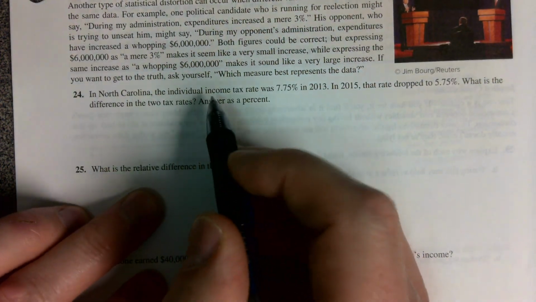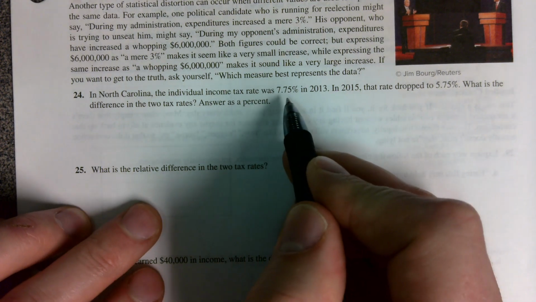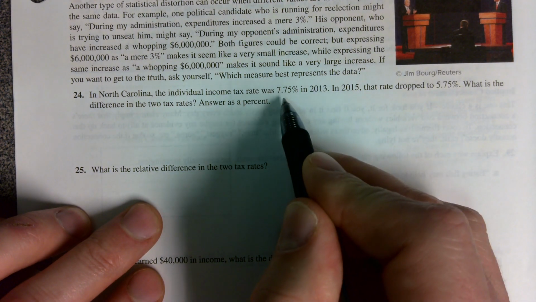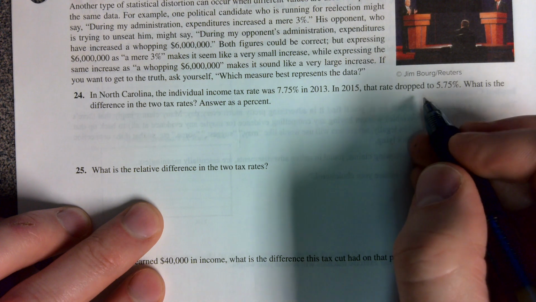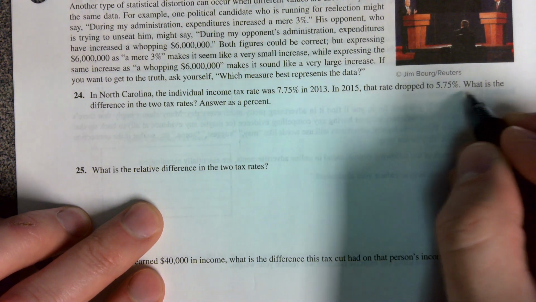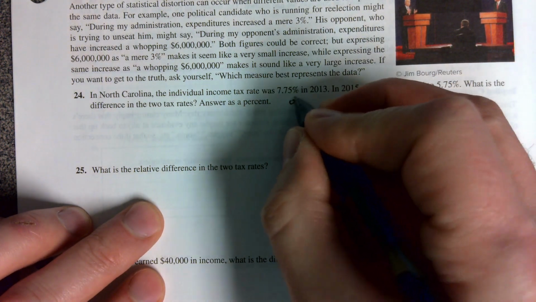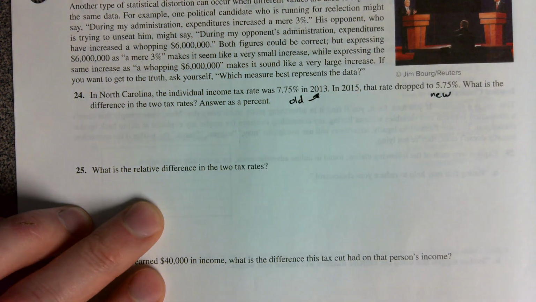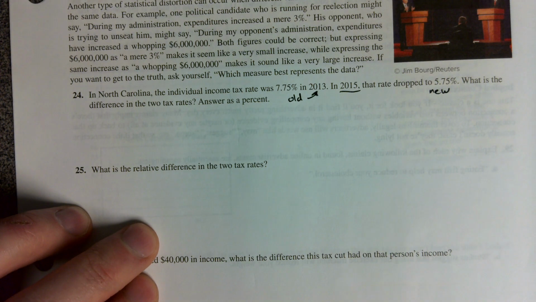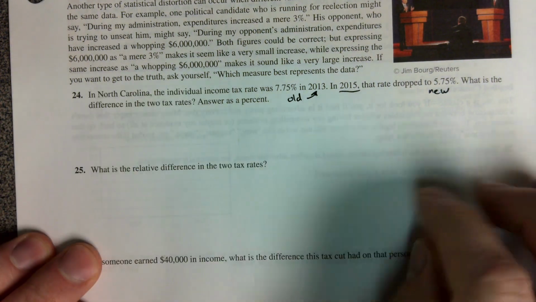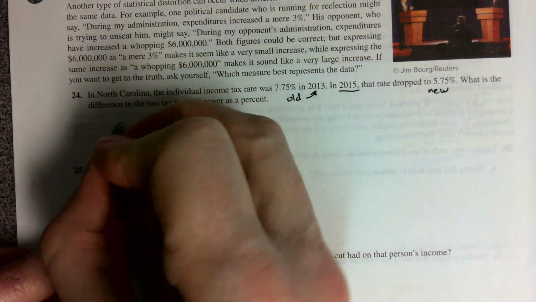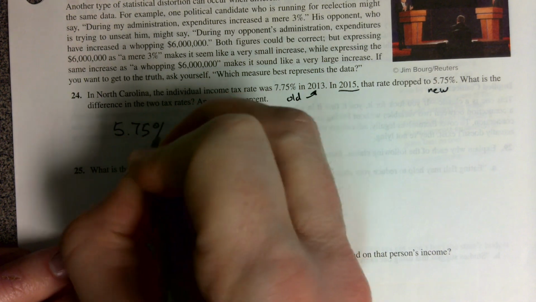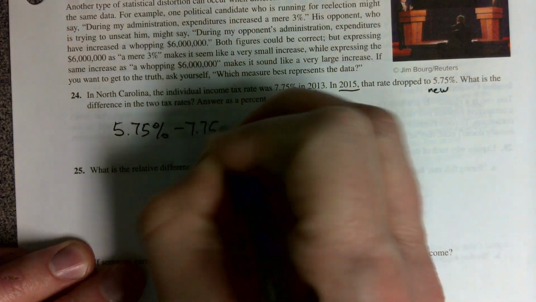In North Carolina, the individual income tax rate in 2013 was 7.75%. And then in 2015, this rate dropped to 5.75%. Notice this is the old amount because of the 2013. This is the new amount because of the 2015. So what is the actual change or difference in the two tax amounts? We're going to do 5.75% minus 7.75%.